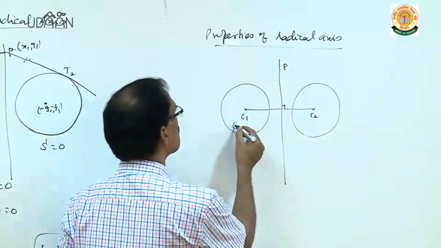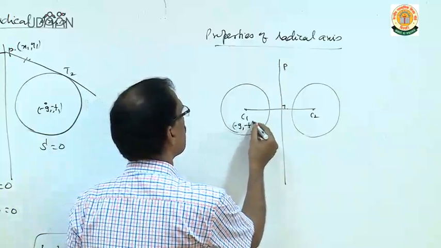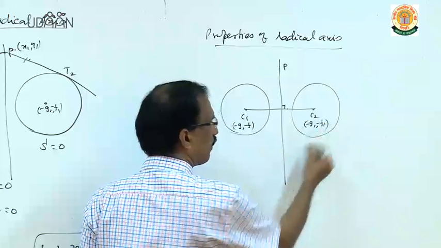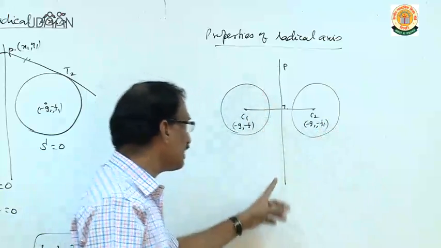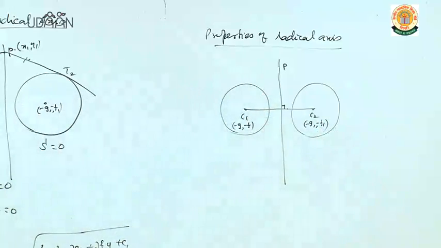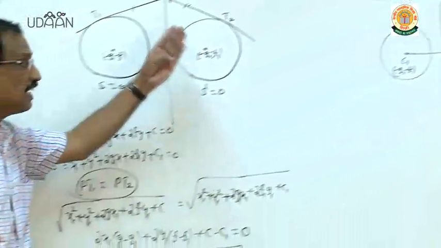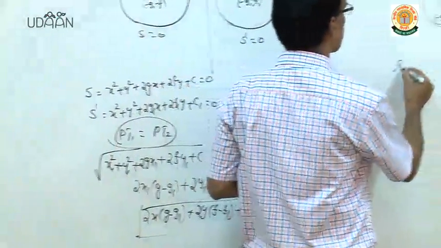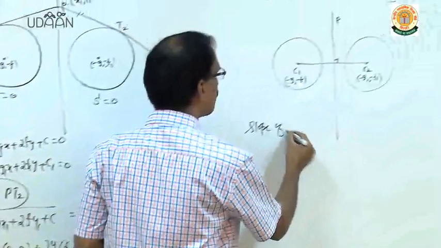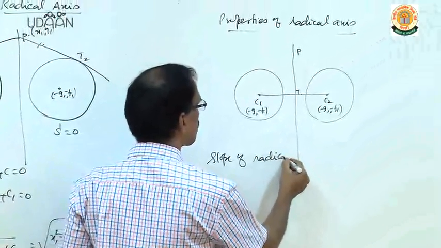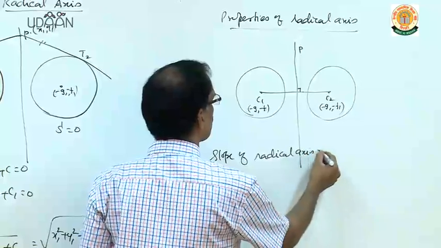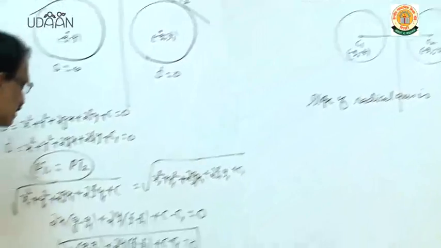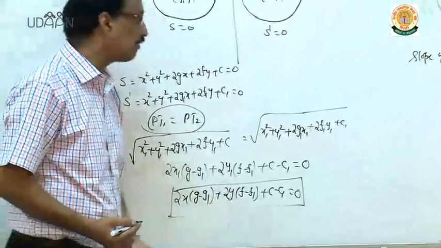That is, we know that the centers are minus g, minus f and minus g1, minus f1. And you get the equation of the radical axis. The slope of the radical axis is minus the coefficient of x upon the coefficient of y.